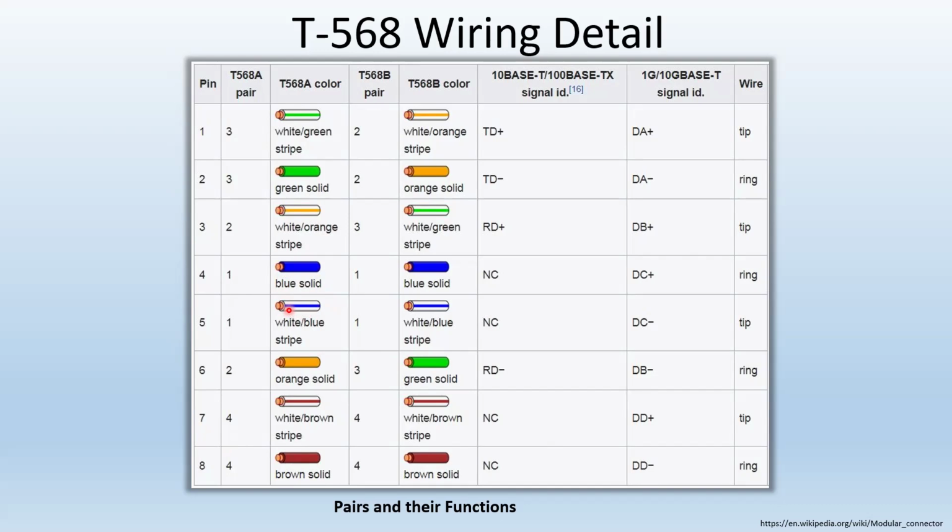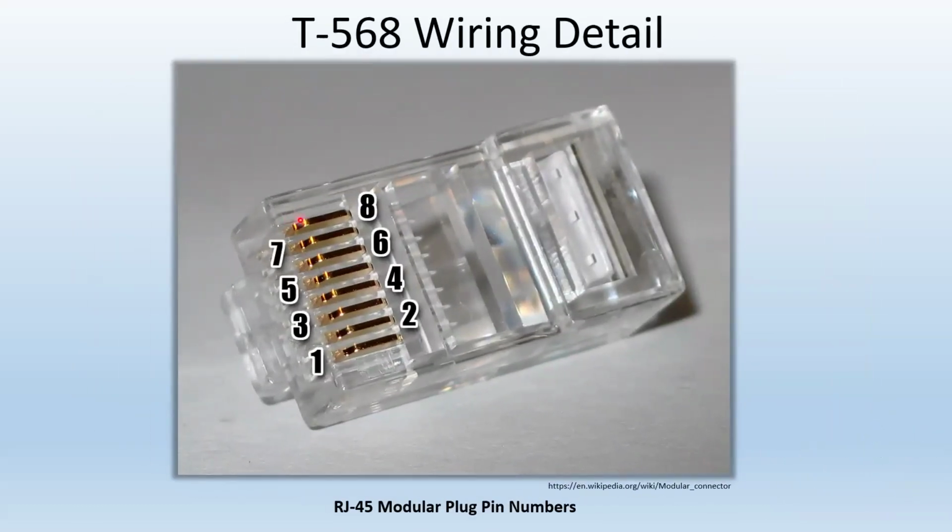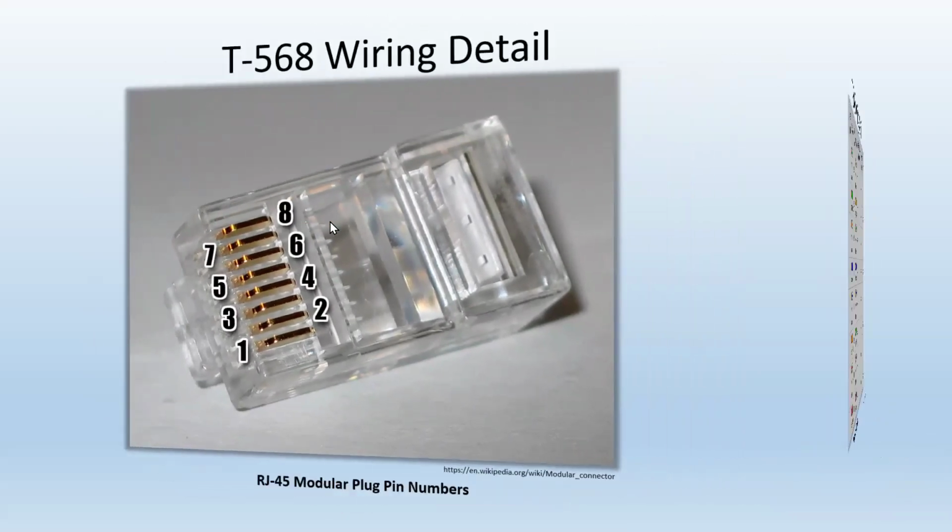Remember, this is configuration A, right? Or not? Yes, it is. Blue and orange goes around pair 1. And then here's green, pin 1 and 2, and 7 and 8 will be the brown pair. All right.